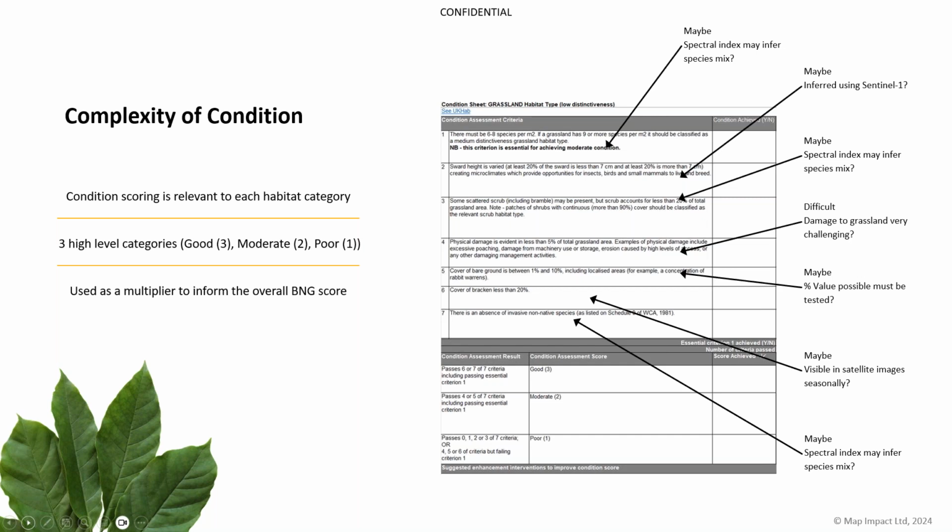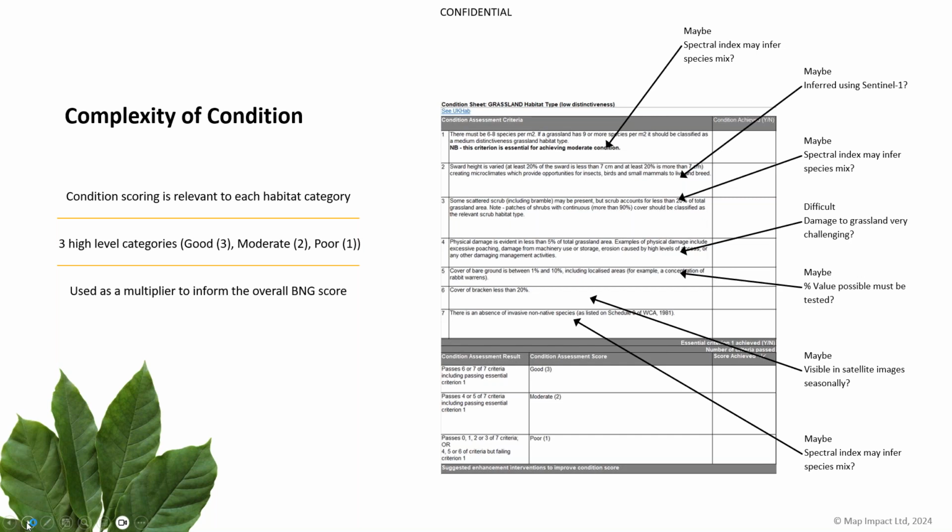We've looked at whether these can be replicated using remote sensing and satellite approaches, and that's what we've done with our approach. We've used all of those measurement methods and the indexes and the infrared spectrum that Dr. Maureen talked about, and we've applied that to habitats across the country to understand condition.